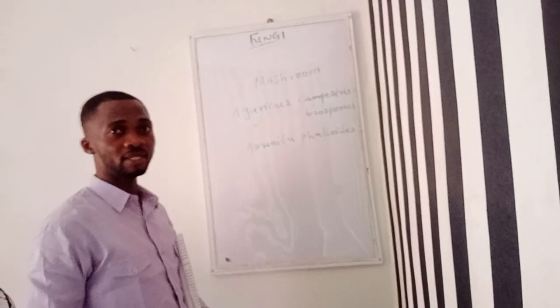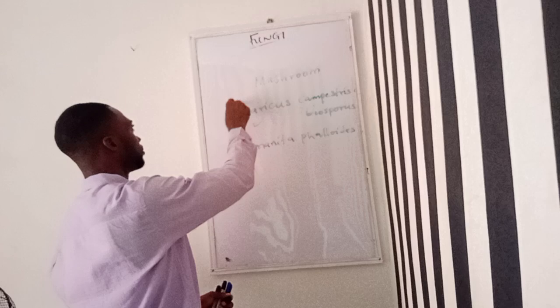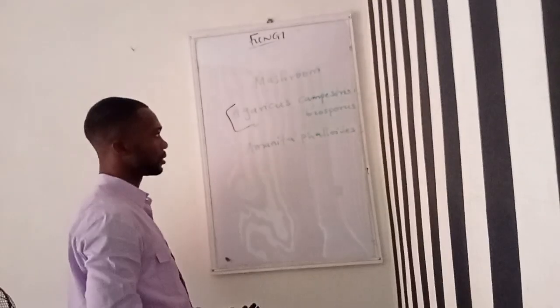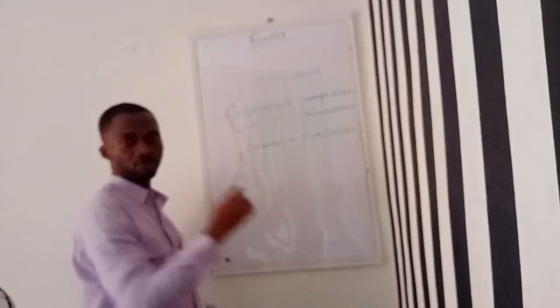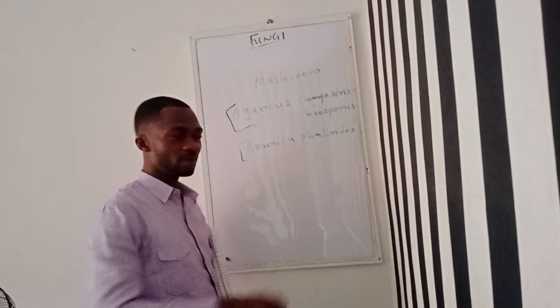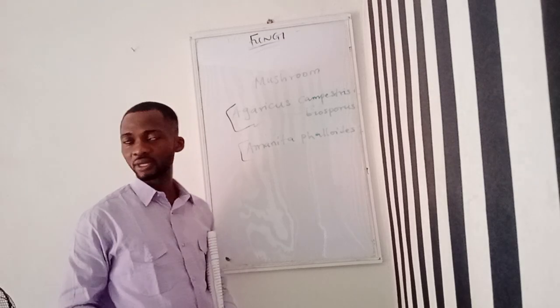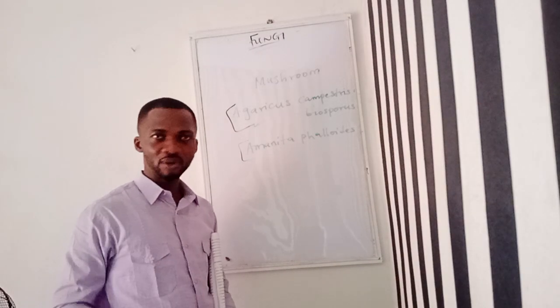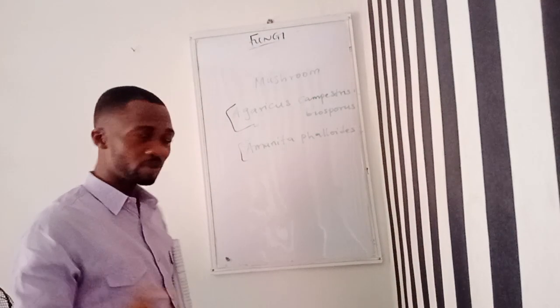So these are the two different categories of mushroom. This one is called the edible mushroom, but this one is called the poisonous mushroom. Once you eat this one, you'll be on your way on the expressway to meet your ancestors, because this one is poisonous and should not be eaten. Amanita phalloides. The edible one is called Agaricus campestris or bisporus.